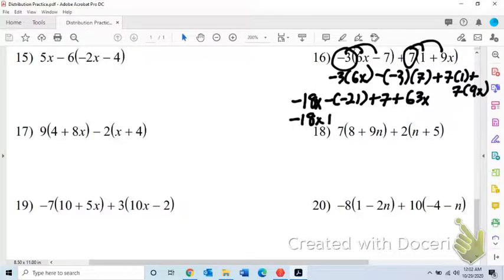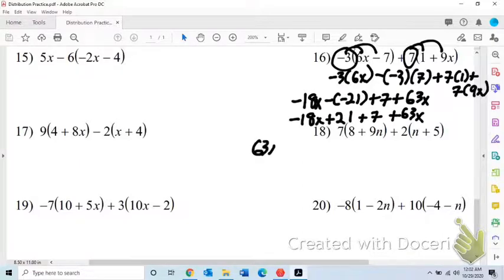So we then rewrite it. And then we look for like terms. So here we have the regular numbers we can combine, that 21 and that 7, and then we have two variable terms that we can combine, that 63 minus 18.